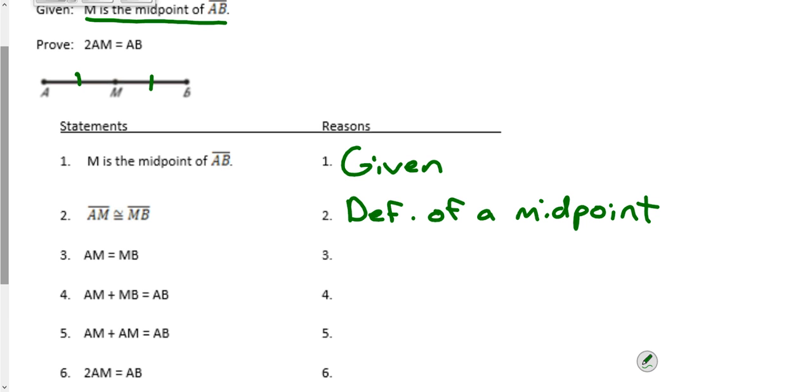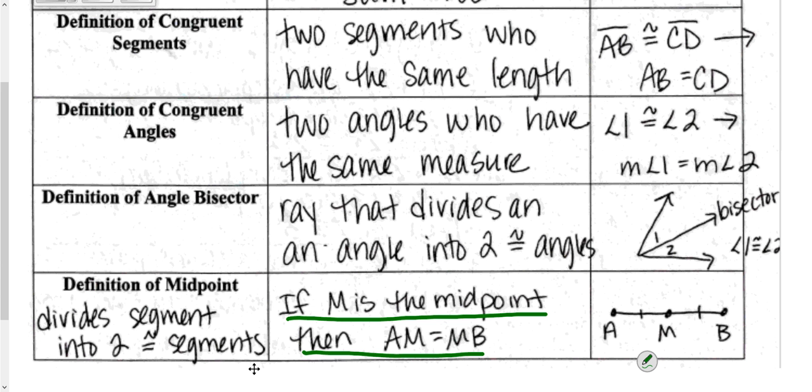Then number 3 looks very similar, and so we're going to go back and look at that definition page again. How do we get from segment AM congruent to segment MB to AM equals MB? Over here on definition of congruent segments at the top, we see if two segments are congruent to each other, then they have the same length.